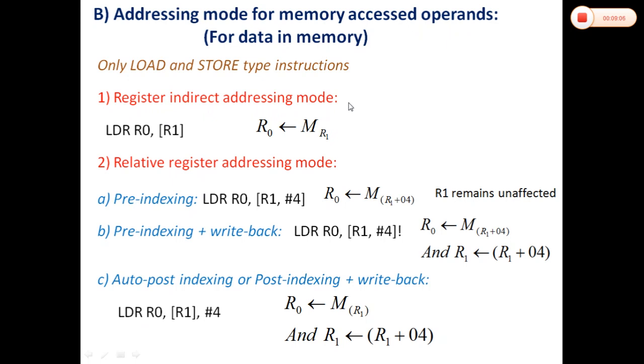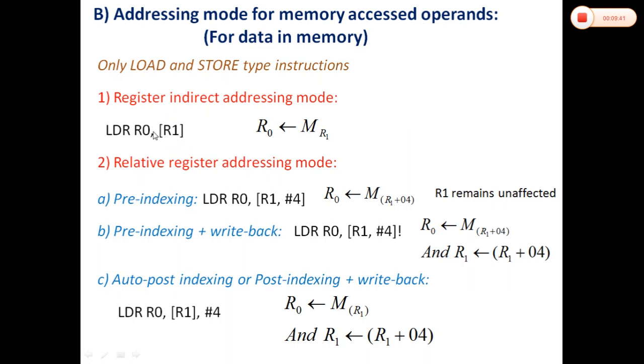Register indirect addressing mode. The example is LDR R0, [R1]. Here the 32-bit address of the operand in the memory is indirectly given in a register of the register file. Every location in the external or system memory has a 32-bit address, and that address is given in one of the internal registers, indicated by a square bracket.